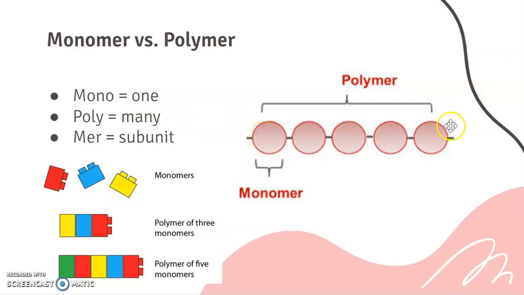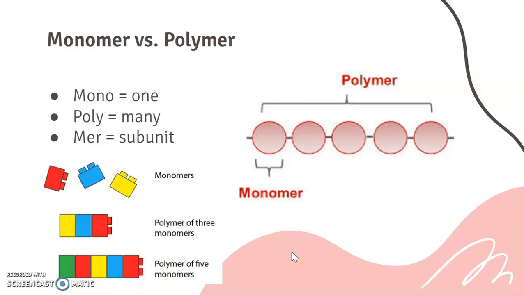Going back to this model here, this whole strand right here is a polymer. In the Lego example, it says here polymer of 3 monomers. Here we've got a polymer because they're all connected together, so we've got many subunits. Polymer of 5 monomers: we've got 5 monomers here, all connected, which would make a polymer.